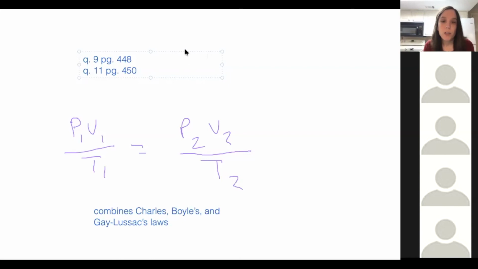Oh yeah, there's a question I'm seeing in chat right now, and the question is, can you have a note card with formulas on it for the final exam? And you definitely can. I don't make you memorize any equations. So I think it's a really good idea to have a note card of all the equations that we're using in this chapter. Now, you can't label them though. So you can't say this is Charles's law and that's Boyle's law, but you can have the equations themselves.